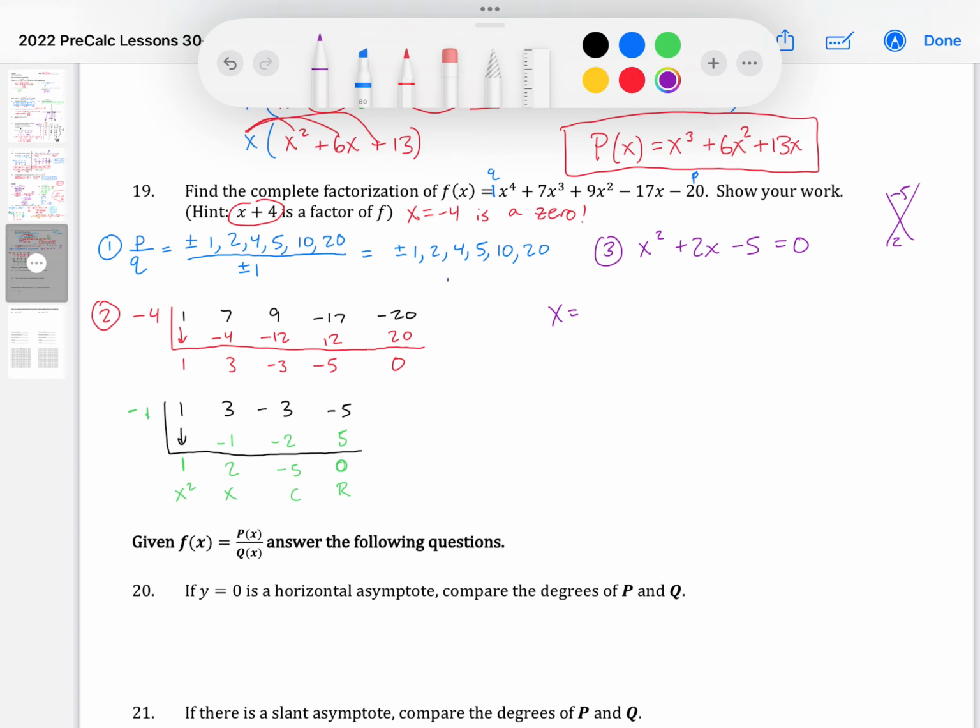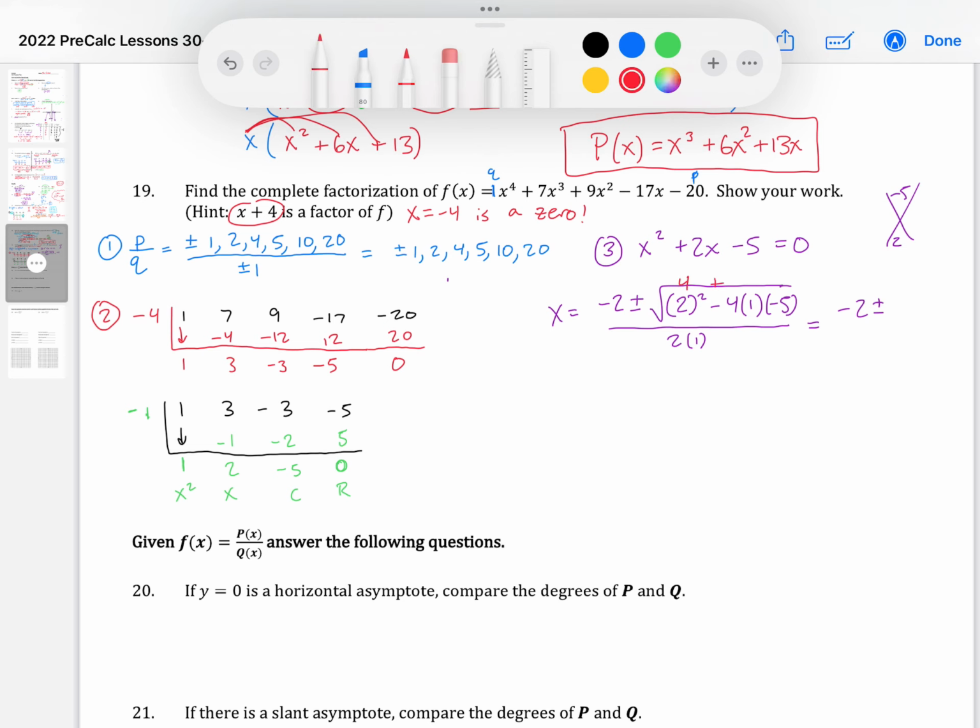So our x's are going to equal the opposite of b plus or minus the square root of b squared minus 4 times a times c all over 2 times 1. So if you simplify that down, you get -2 plus or minus.